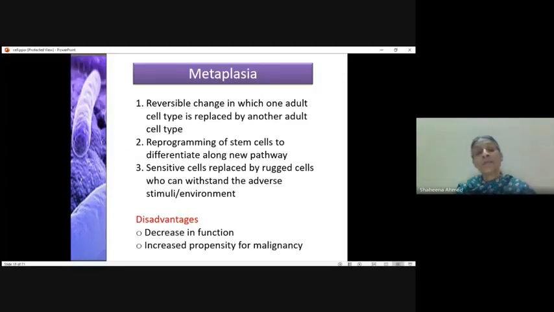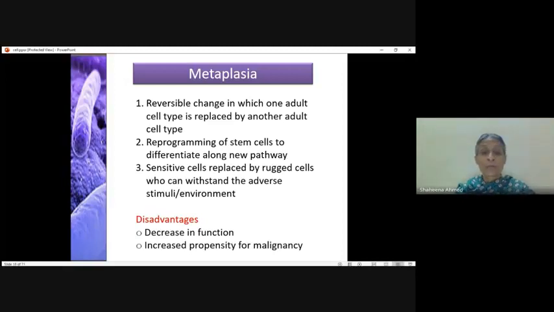Metaplasia is something in which there is a reversible, remember, reversible change of one adult cell type into another adult cell type. This is due to some sort of trauma, some sort of condition which the original cell type cannot tolerate, so that sensitive original cell type is replaced by a stronger cell type which can withstand that stimulus.